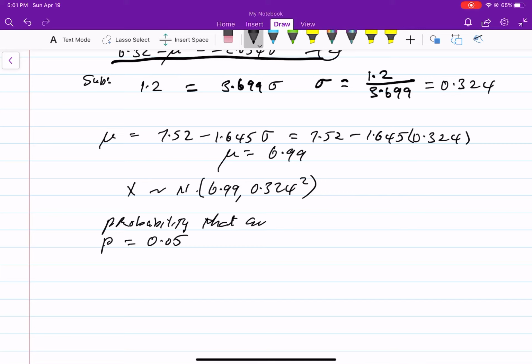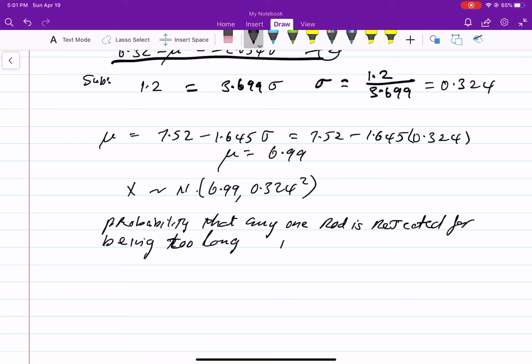That any one rod is rejected for being too long. That p-value is 0.05.